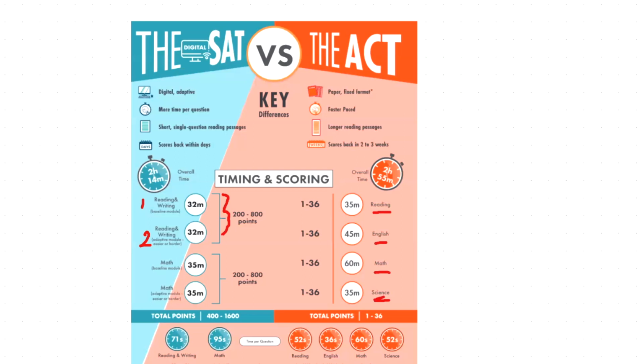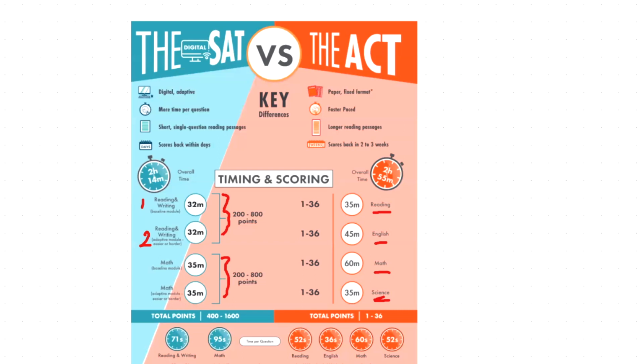In the digital SAT, in mathematics, you will have 35 minutes in each section. They're called module 1 and module 2. You have 35 minutes, 35 minutes. Again, these are scored between 200 and 800 points.